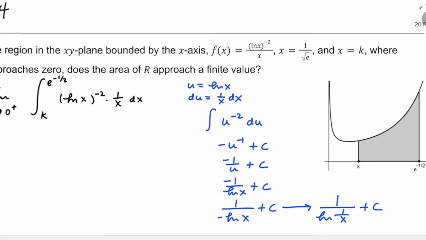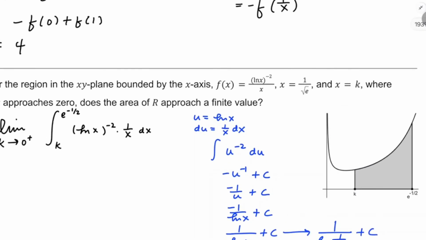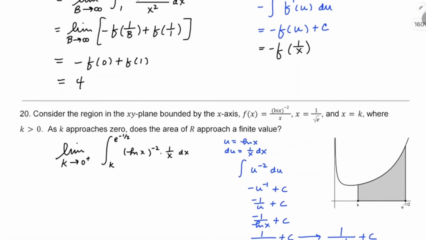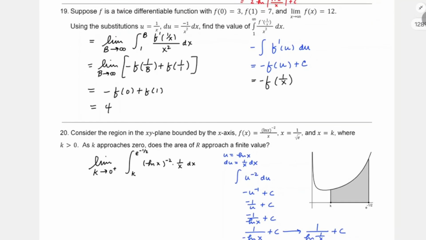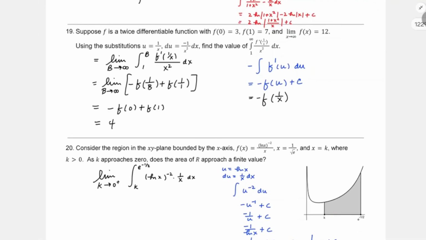That still might be giving me, still trying to divide by 0. No matter what, this is bad. I'm either plugging 0 into log or I'm trying to divide by 0. This is not approaching a finite value. Okay, so I need to write the limit that fails to exist.